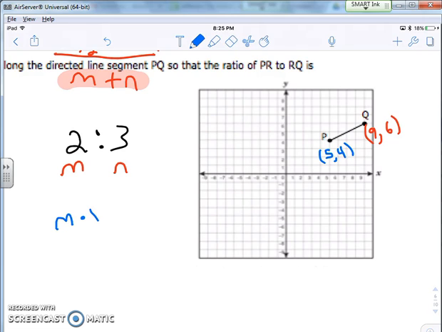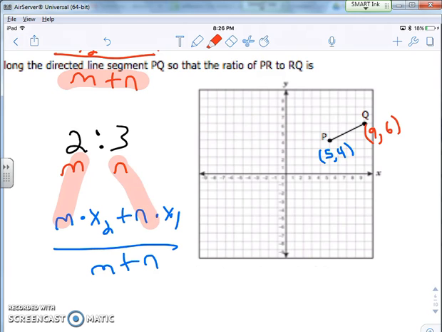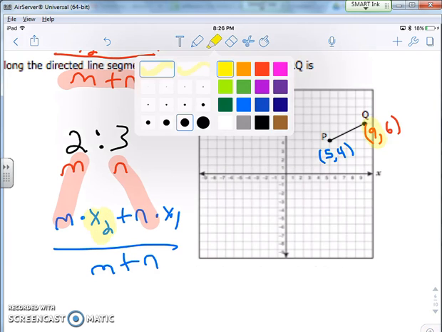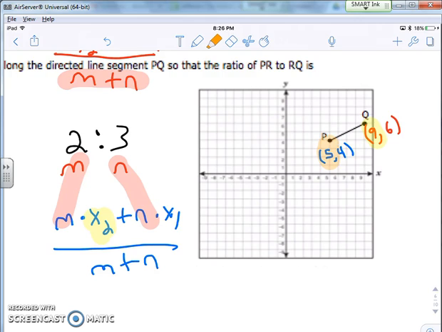Let's write it: m times x2 plus n times x1 all over m plus n. And I'm going to put M in here, N in there. X2 comes from all the way over here, and X1 comes from all the way over here.